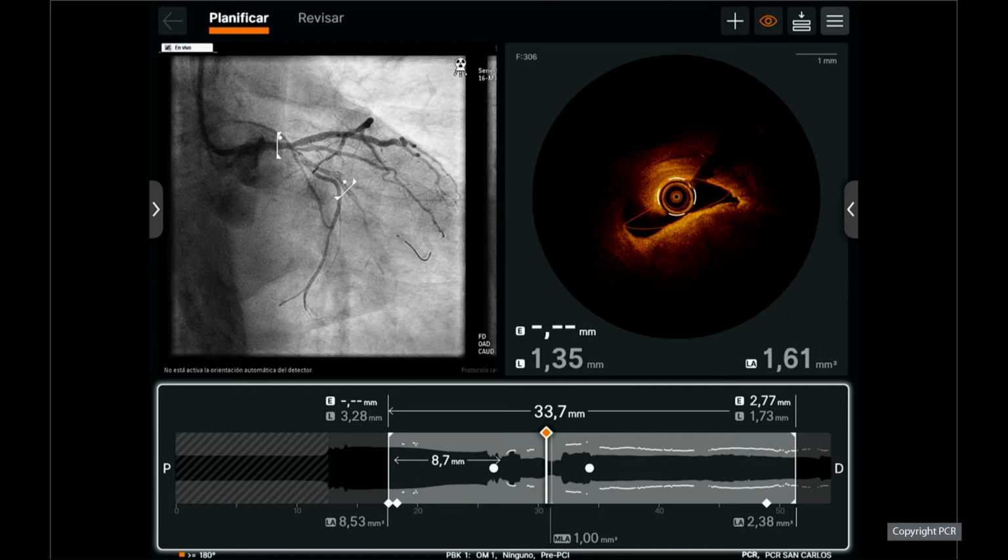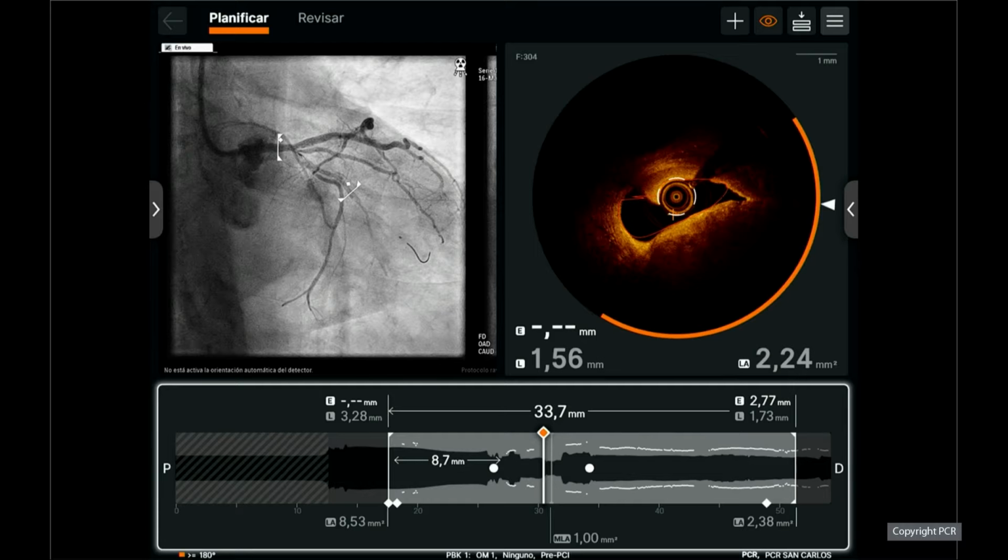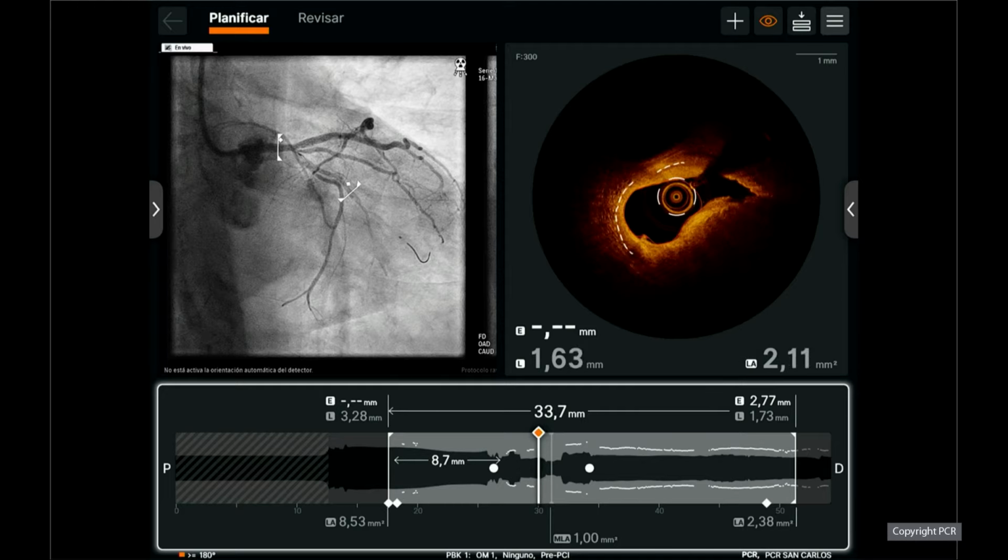You will see immediately now coming the intermediate branch. And again, you can see just against the carina, as usual, the presence of this nodular calcium protruding into the lumen. And here is very clear. This is the ostium of the marginal branch, and you can see the calcium, the calcified nodule. And this is the bifurcation with the left main.